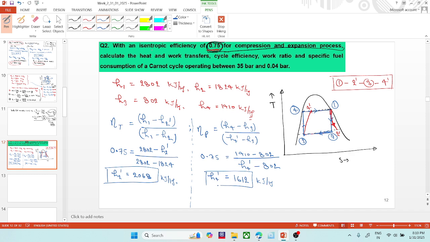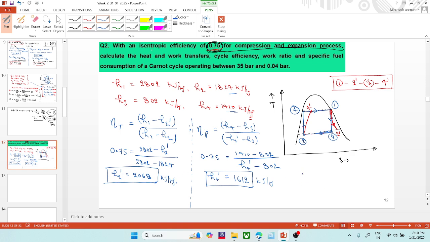So here you can notice one thing. This H2 dash is more than H2, and this H4 dash is also more than H4, and this comes due to the irreversibility.